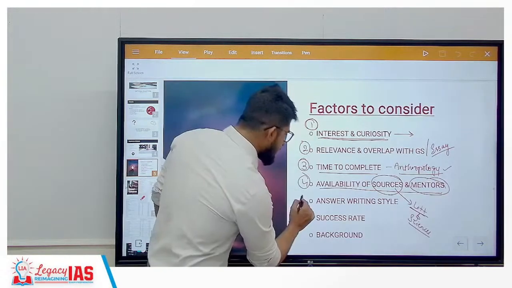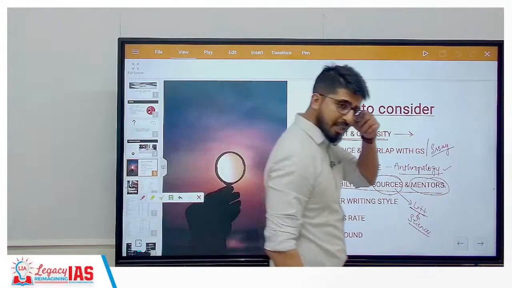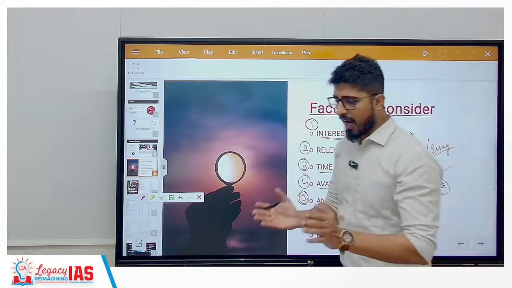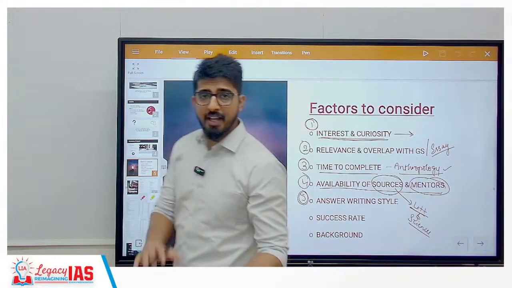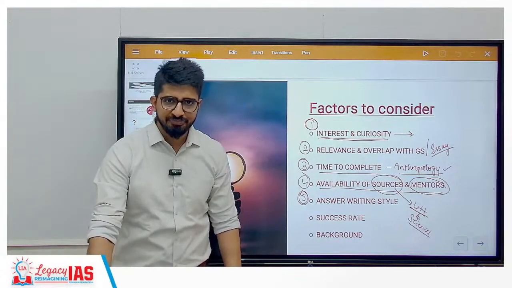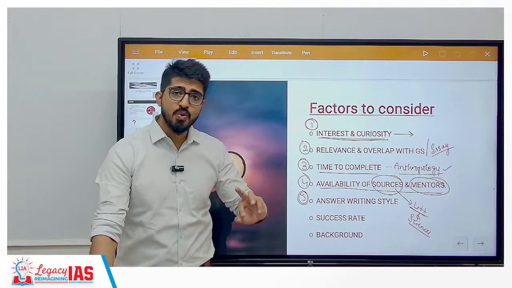And next is answer writing style. This is something you need to consider as well. Whether you are a person who writes elaborative answers or a person who writes point to point. If you write point-wise answers, then you have to choose certain subjects.